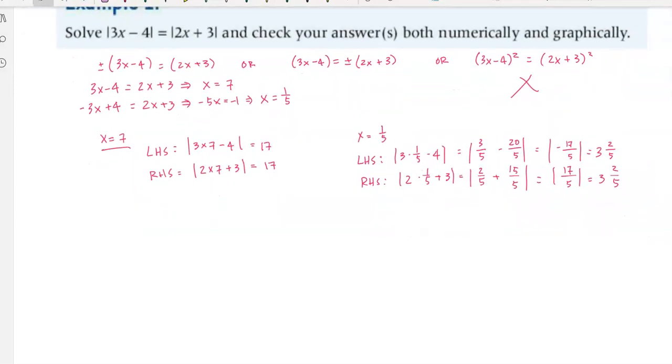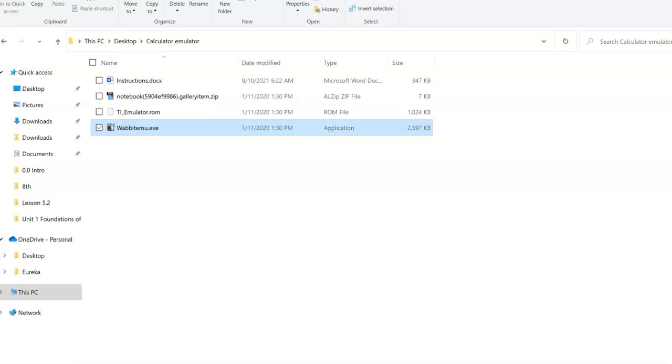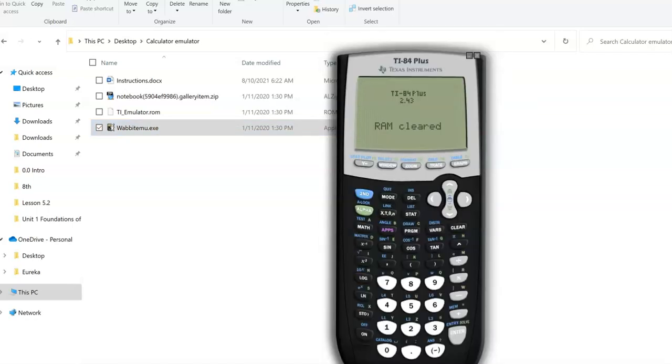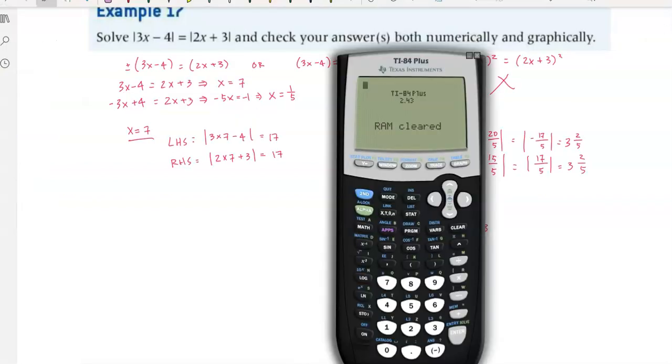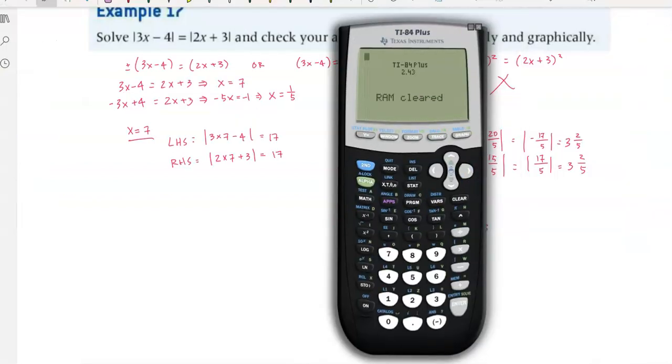And if I graph this, I'm going to use my graphing calculator because it's always cool to put your graphing calculator in a video. Y1 is the absolute value of 3x minus 4. Math, y2 is the absolute value of 2x plus 3.